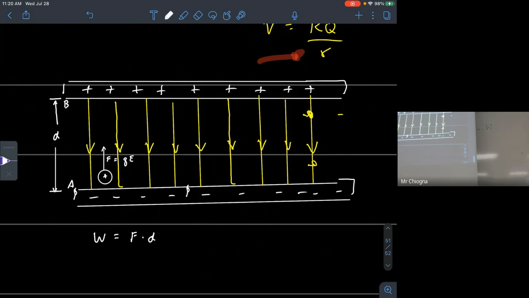It's just the force times the distance, d, between the plates. What's the force equal to in terms of the electric field? QE. Remember that equation? Electric field is just force divided by charge. So you rearrange, you get QE is equal to F. That's the definition of electric field.